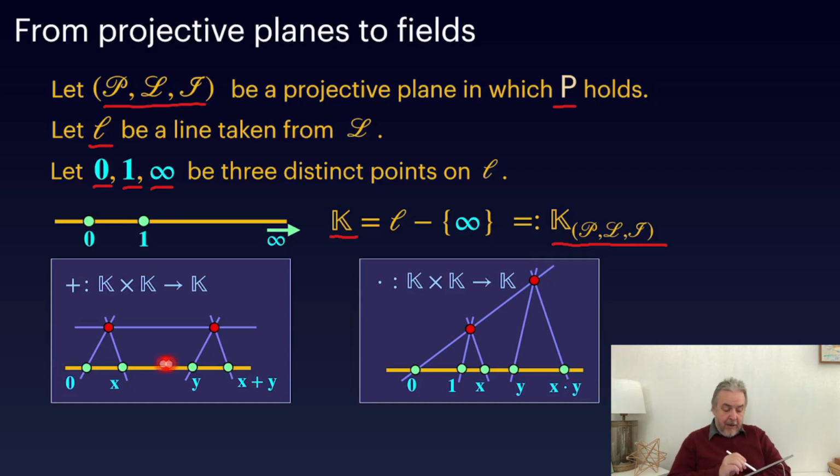So you have our yellow line. So what must addition do? It must take 2 points, say x and y, and from those 2 points construct one new point which we call x plus y. And how do we do that? So we take an arbitrary line here and take an auxiliary point on that line. We draw those two connecting lines. When I say draw, I mean, well, in your projective geometry, there is a unique join connecting those two lines.